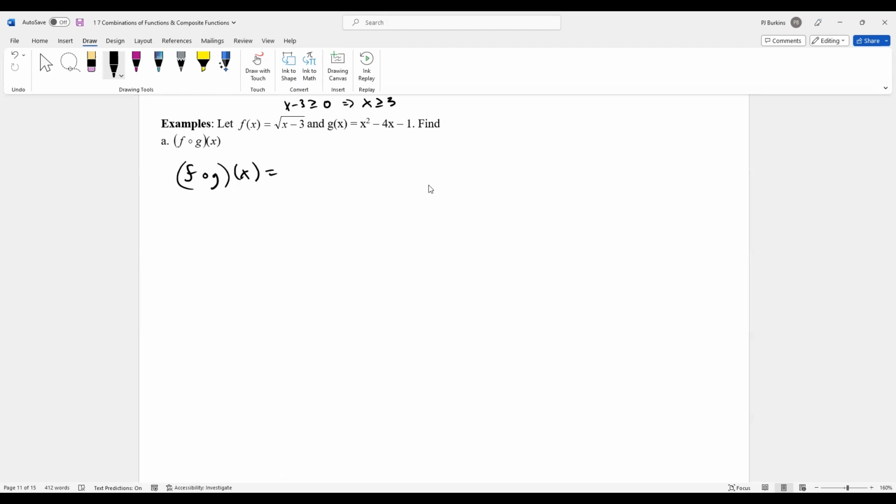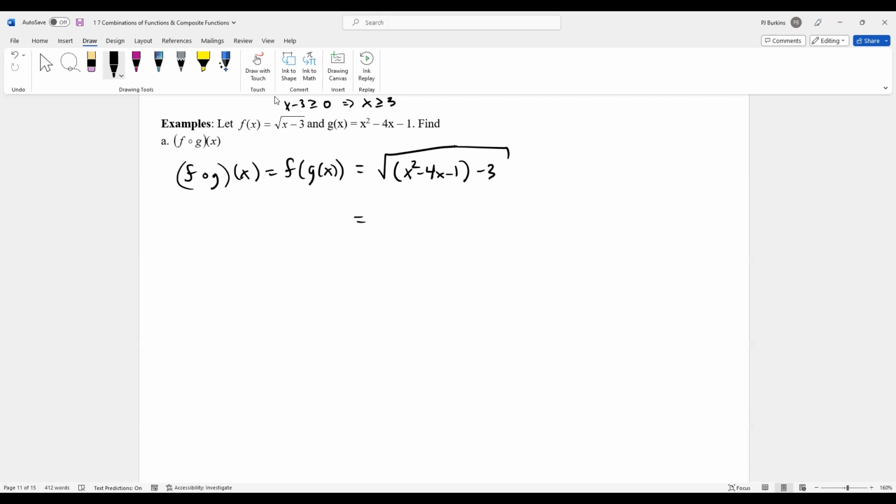Well, f of g of x is really f with g plugged in. That's the square root of x minus 3, but instead of the x, we are plugging in the entire function of g. Okay.